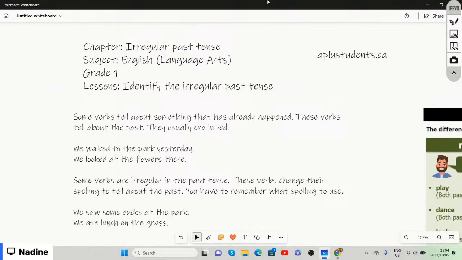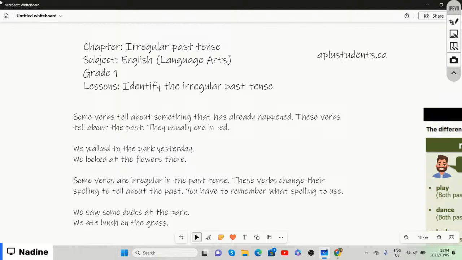Okay, so when it comes to irregular past tense, some verbs tell us about something that has happened already. In our previous lesson, we spoke about the different verb tenses: present tense, past tense, as well as future tense.